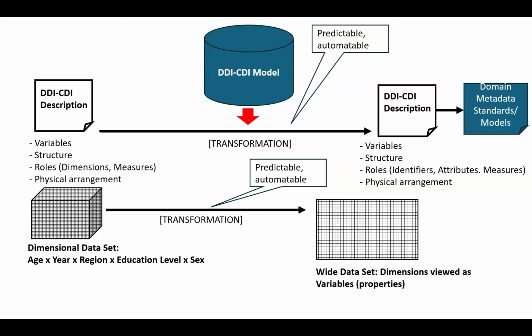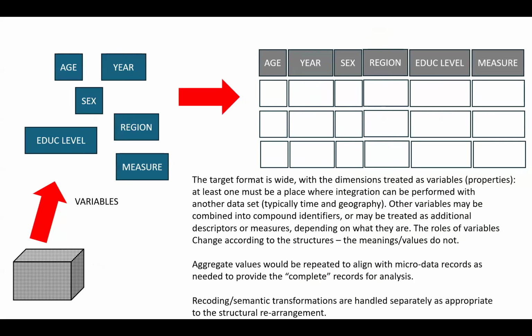Now, there are obviously going to be things you need to do to actually integrate that data with other data that you have. But the point is to provide as much information as you can to support that transformation, including all the structural information. What that really ends up looking like is that you rip the data apart into its component variables and the corresponding datums and reassemble it without losing the meaning by understanding the change in the roles played by different variables.